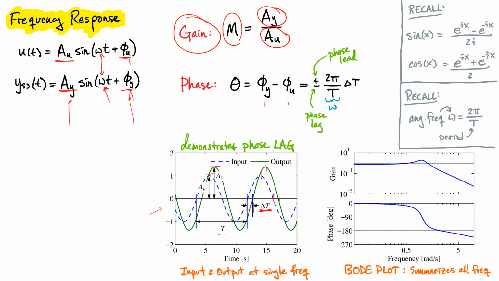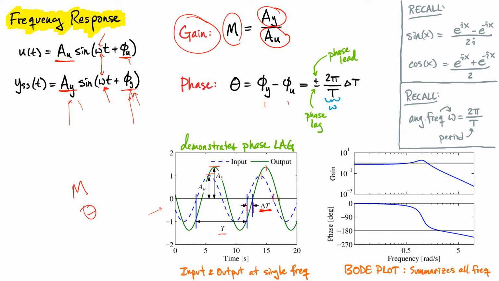The magnitude and phase are not just a constant across any choice of frequency; if this input were to change frequency, the magnitude and phase would also change. If you look back on the previous slide, that capital M and the theta terms were actually functions of the frequency omega.